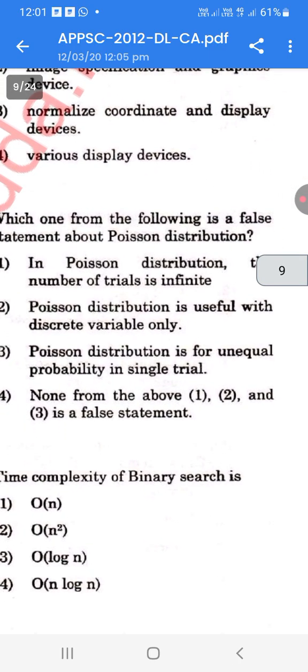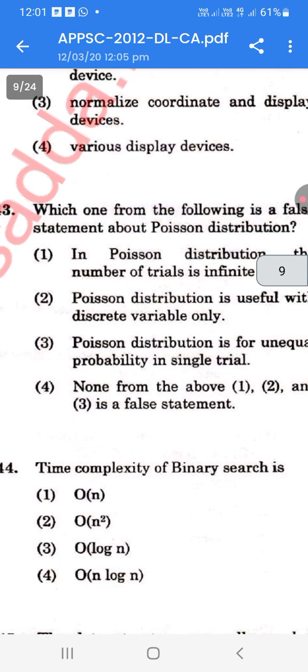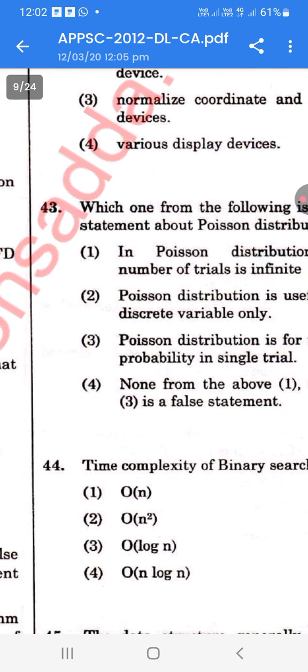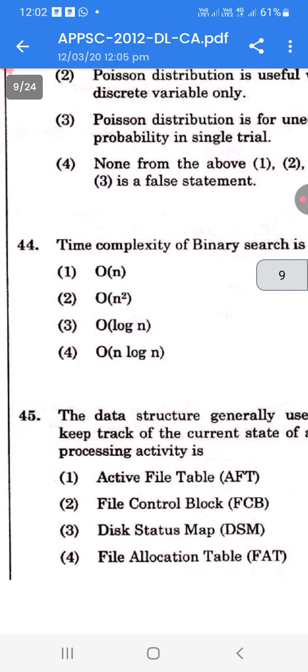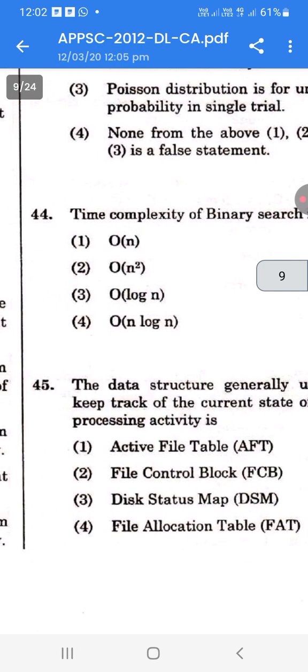Which one from the following is a false statement about Poisson distribution? Poisson distribution is for unequal probability in single trial. Time complexity of binary search is big O of log n.